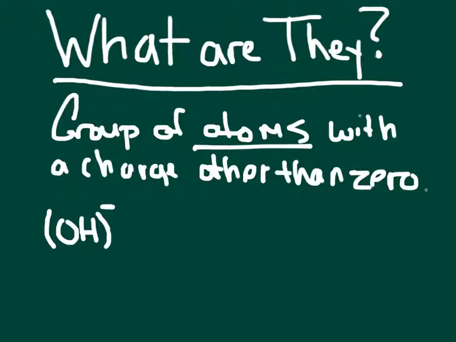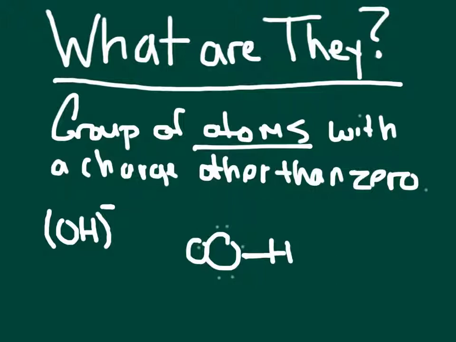So this hydroxide polyatomic ion has a negative charge, and without that negative charge, these two don't hang out together. The hydrogen neutralizes one of the valence shells in the oxygen because they're bonded, but the other one still has an extra electron, so it's got a negative charge.